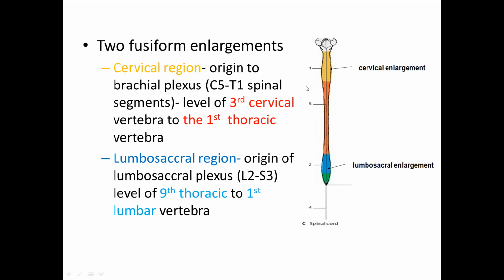So C5 to T1 nerve roots will give rise to the brachial plexus, and because of that, that area in the spinal cord is larger. Okay, so similarly, the lumbar plexus, which comes from the lumbosacral region, will have this area enlarged because of that.